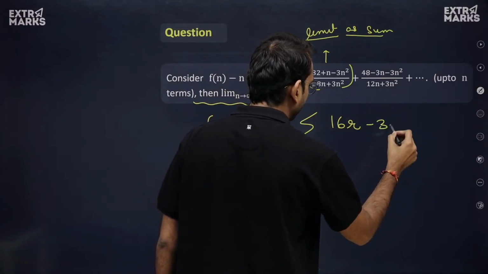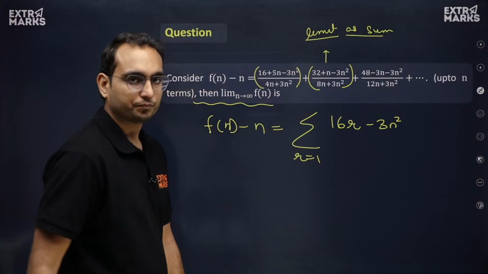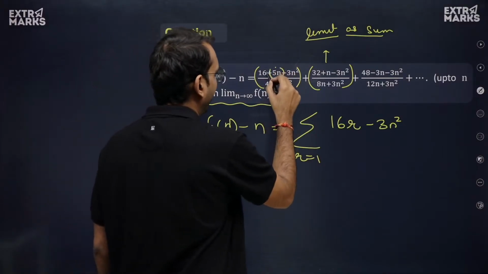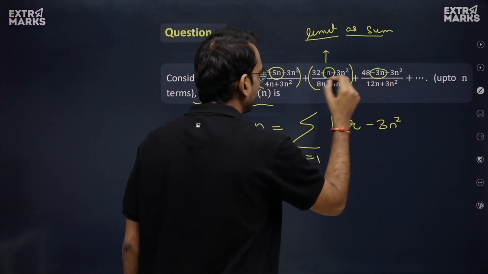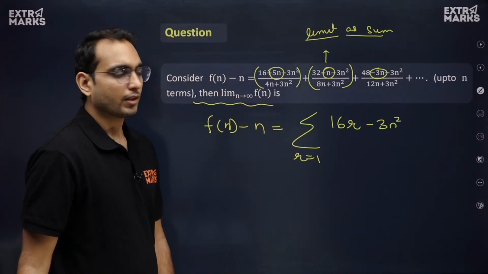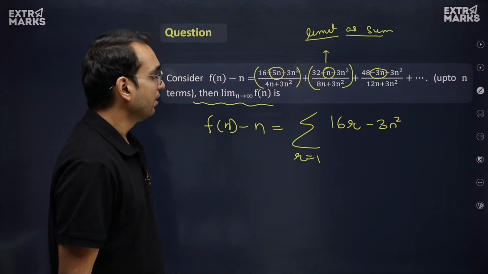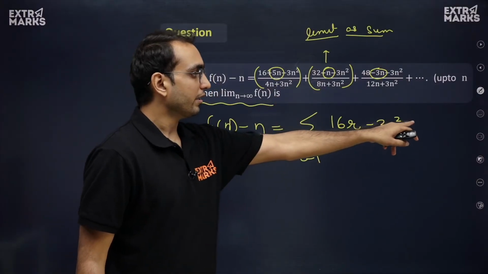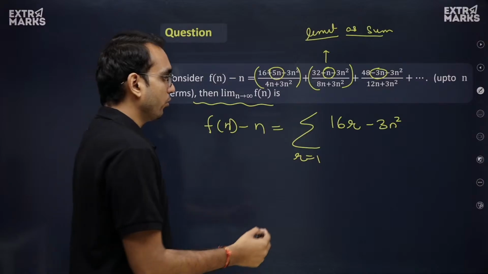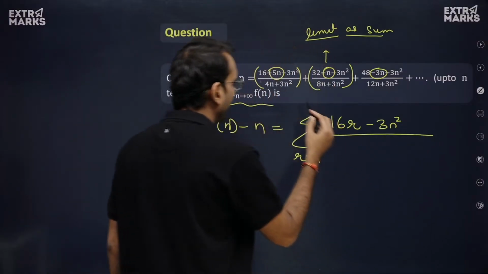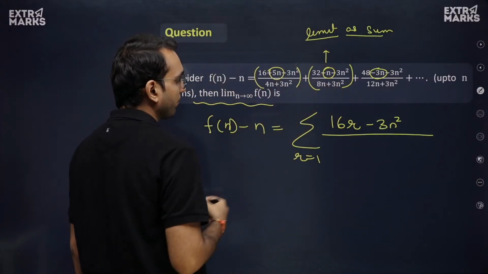Okay, minus 3n square is coming in every term. 5n, n, minus 3n. Can you see there is an AP? Decreasing AP: 5n, n, minus 3n. So if I find the general term, I'll put it here in terms of R. My whole motive is to find this as a general term.